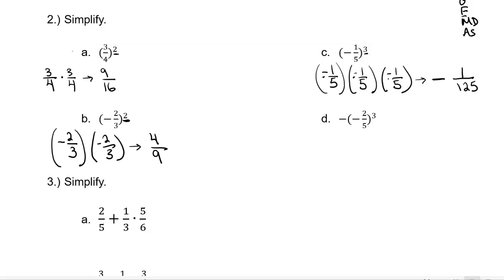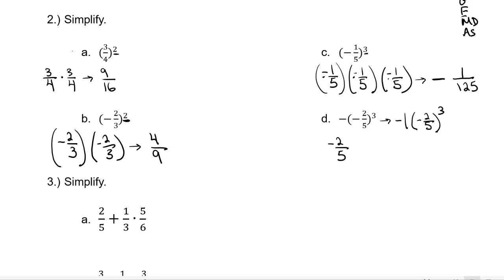All right, so now looking at D, I need to identify my base again. So my base is -2/5. But notice here, it's that negative on the outside. So I'm going to show that part. Right? The negative on the outside is the same as multiplying by -1. So when I expand, I have to include that -1, right?